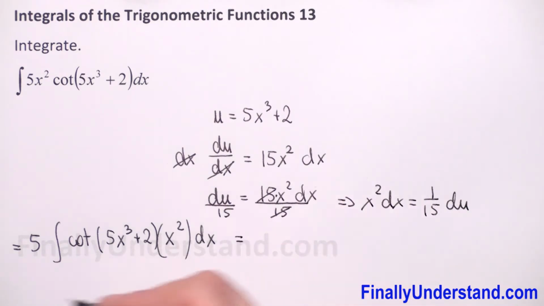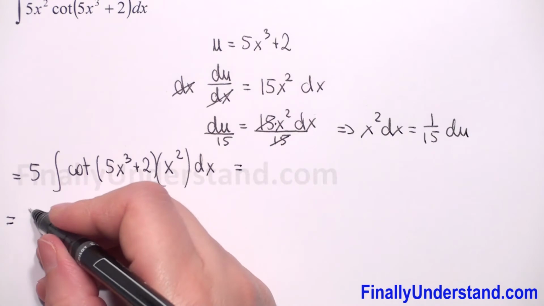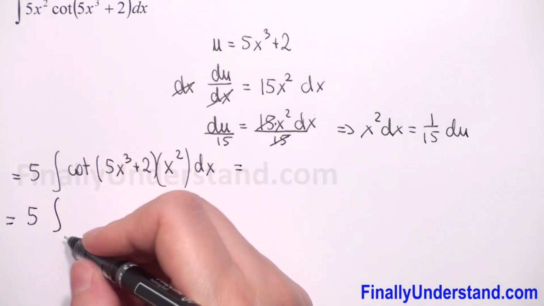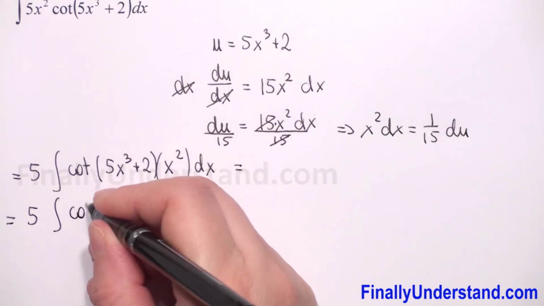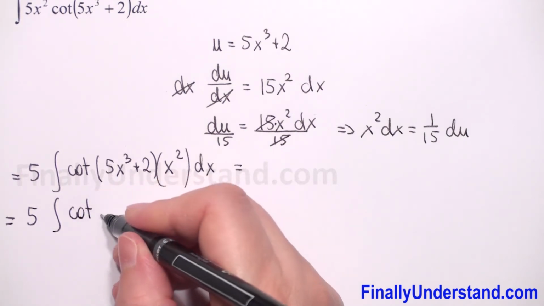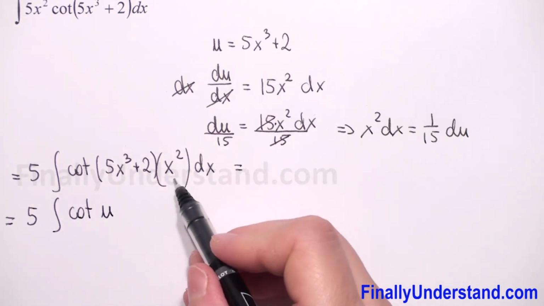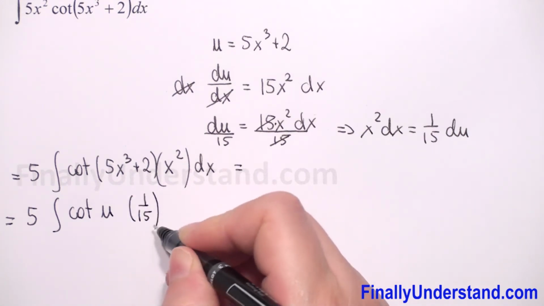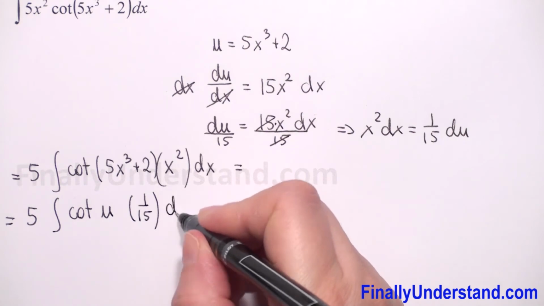Now we can do substitution. We have to rewrite 5 and we have the indefinite integral of cotangent of u, and x squared dx is 1 over 15, I can put in parentheses, du.